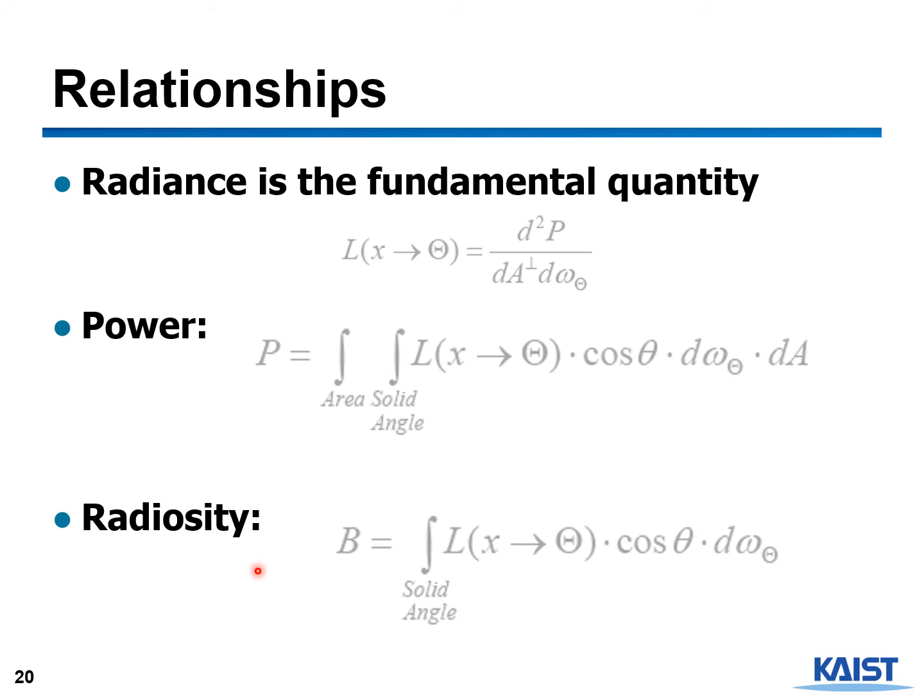Radiosity is nothing but the radiance value adjusted by cosine theta, integrated over the solid angle. Radiosity is defined at a particular point, so we just have this single integration. That's why radiance is a fundamental quantity: once we know it, we can define the power and the radiosity.